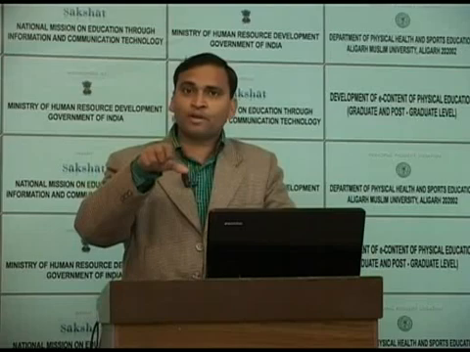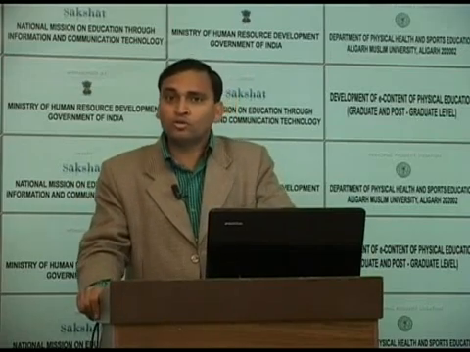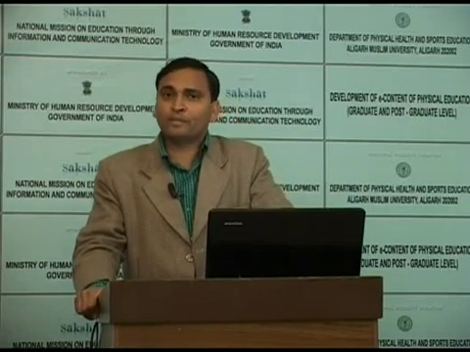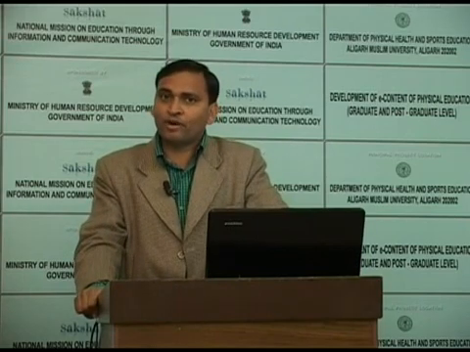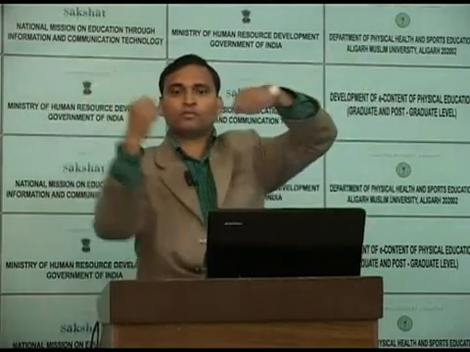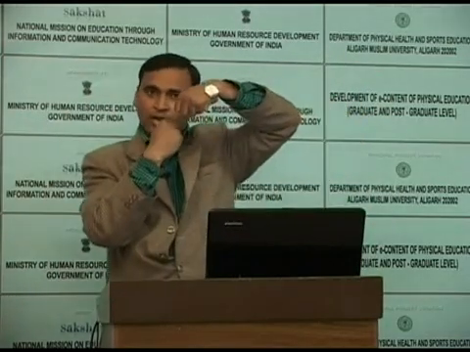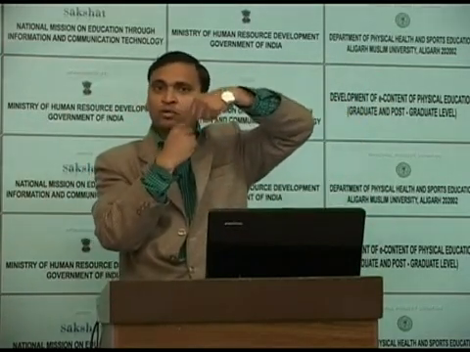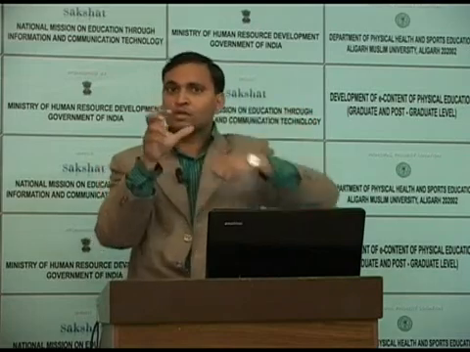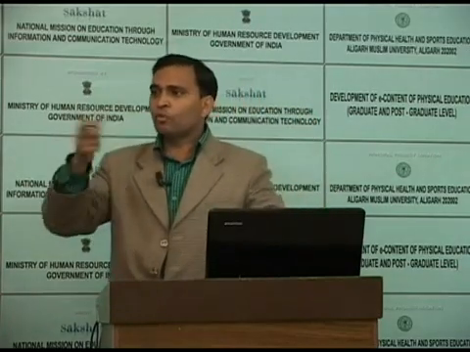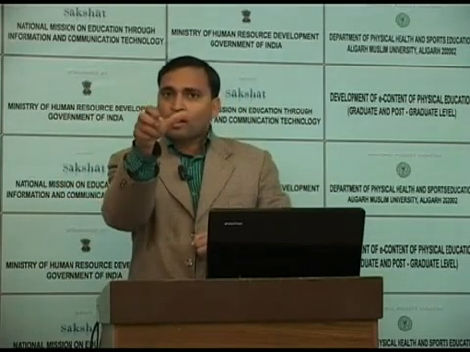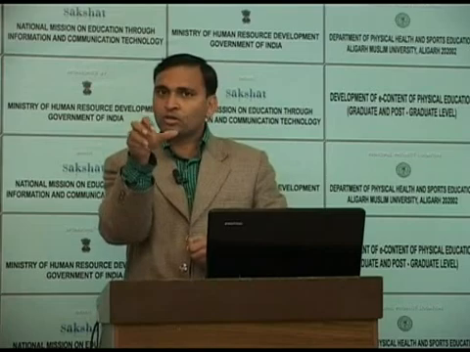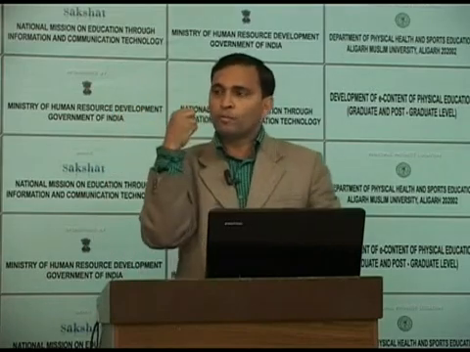For example, if a person is not using a proper lubrication mechanism, or his lubrication mechanism is impaired or affected, what happens? When you are moving opposing surfaces with smooth movement, your muscle doesn't need to apply more force, because it is the muscle only which produces movement at the joint. If the joint is free, the muscle needs to apply less force, less torque over the bone to perform movement.